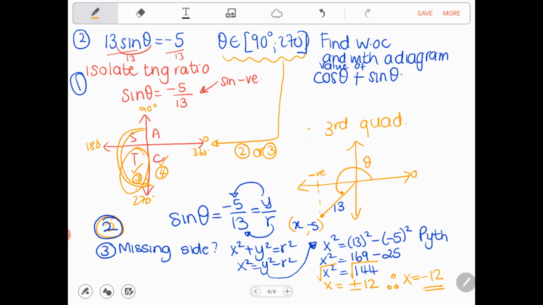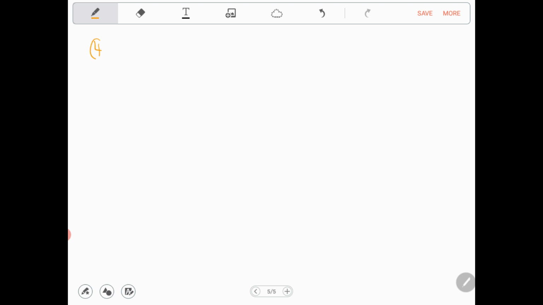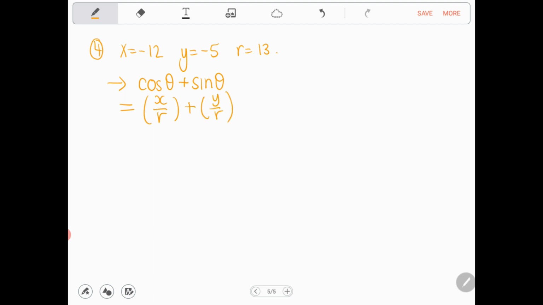Okay, so that tells me that in my diagram, x would be the negative 12, y was given as negative 5, and r is 13. Okay. All right, so what was the question? The question was find the value of cos theta plus sine theta, cos is x over r, sine is y over r.